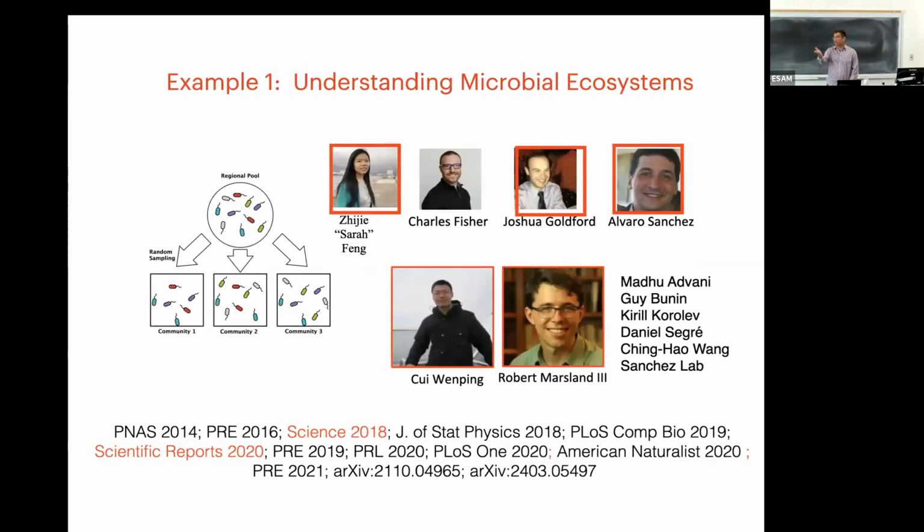So let me show you how it works in practice. And so this is going to be brief. And the first thing is just a series of works that we've been doing. It started off with my former postdoc, Charles, who now is running a $500 million company in Silicon Valley.